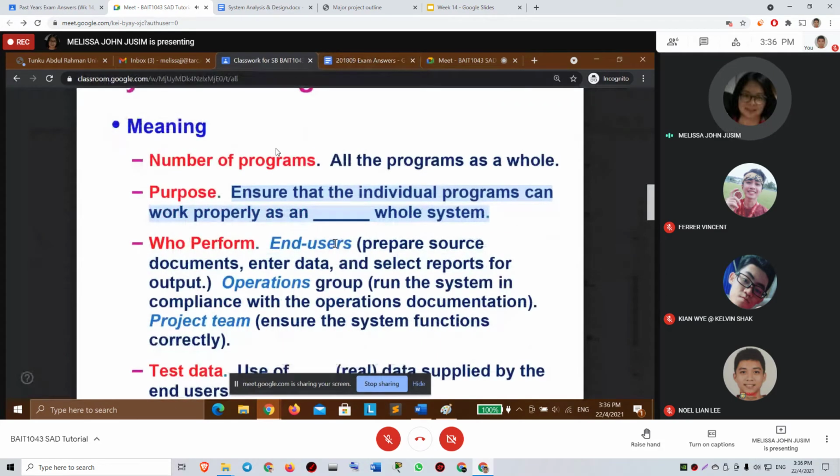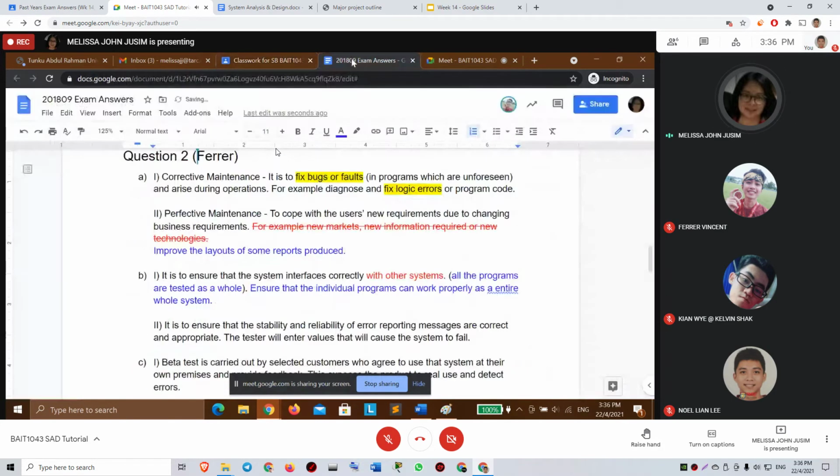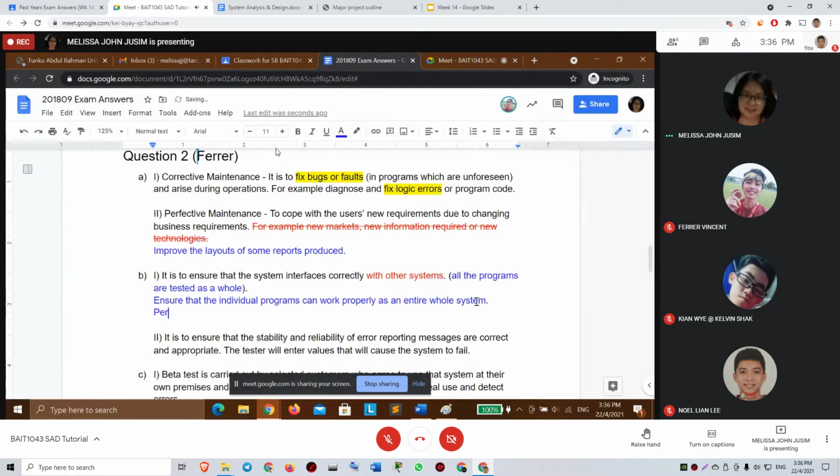Performed by end users, operation group, and project team. Okay, so another point is performed by dot dot dot and dot dot dot.